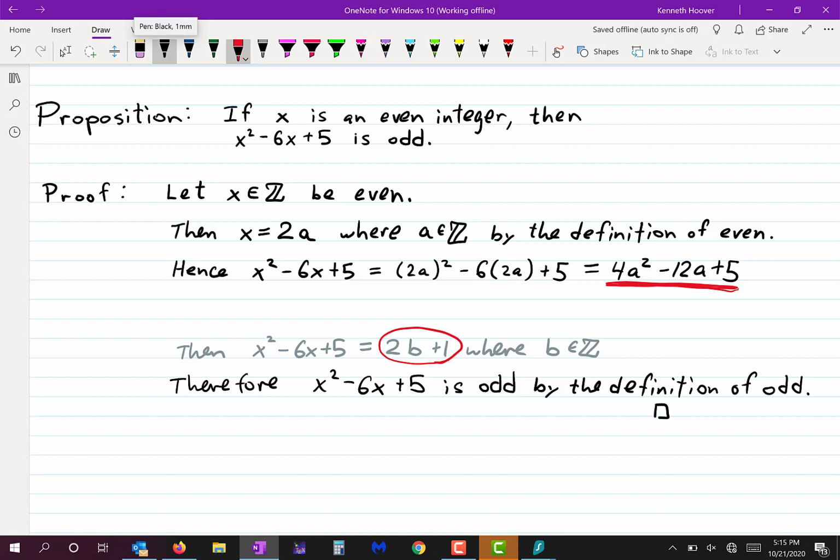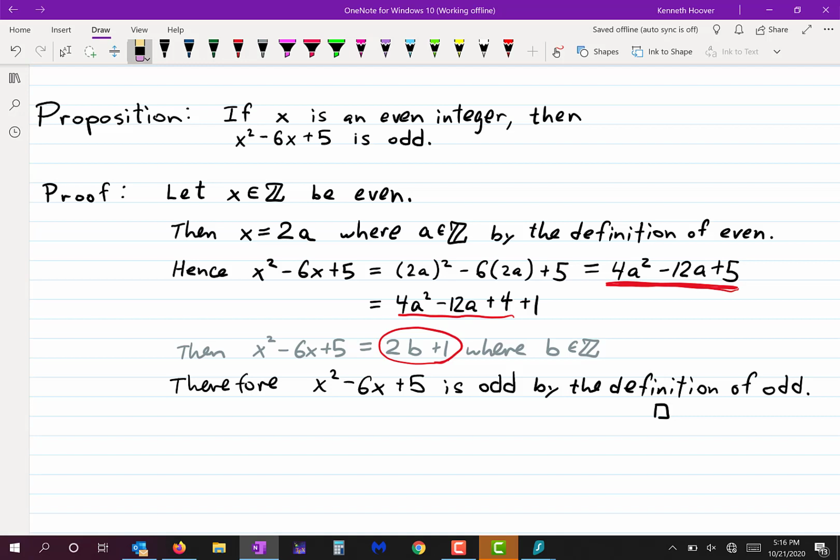How about this? It certainly equals 4a squared minus 12a plus 4 plus 1, right? And can't I factor out a 2 from here? I think that's fine to go ahead and do that here. That's not too big of a step.